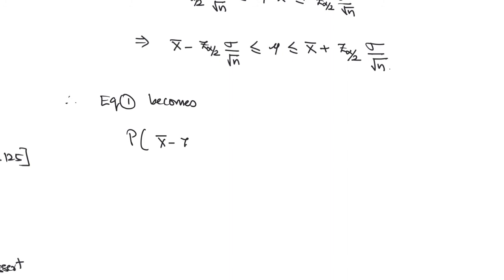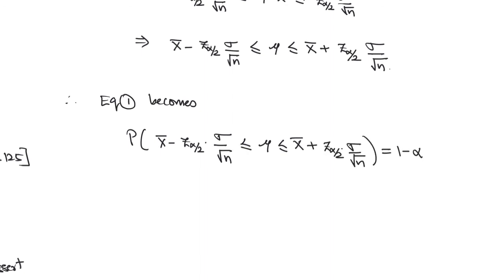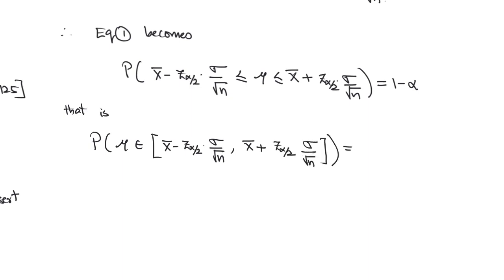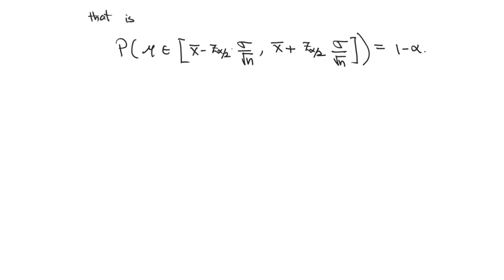Therefore, the probability equation in 1 comes down to calculating the following probability, which is to say that the probability that mu belongs to the random interval x bar minus z alpha over 2 times sigma over square root of n, comma, x bar plus z alpha over 2 times sigma over square root of n is equal to 1 minus alpha.